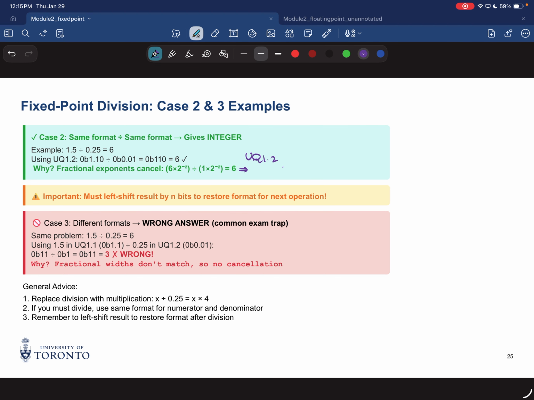In binary, let's say 6 is 1, 1, 0, right? And you're going to left shift this. 1, 1, 0, 0, 0.